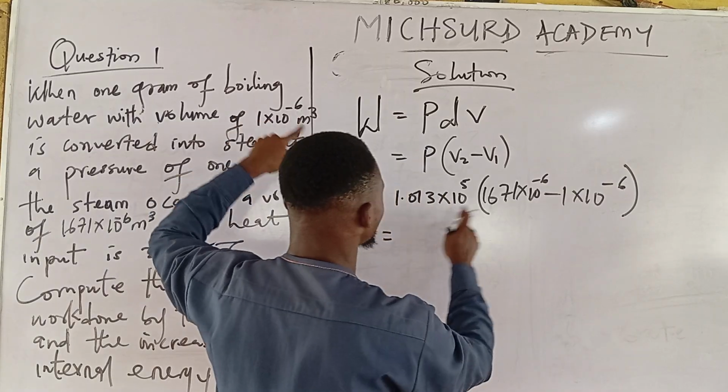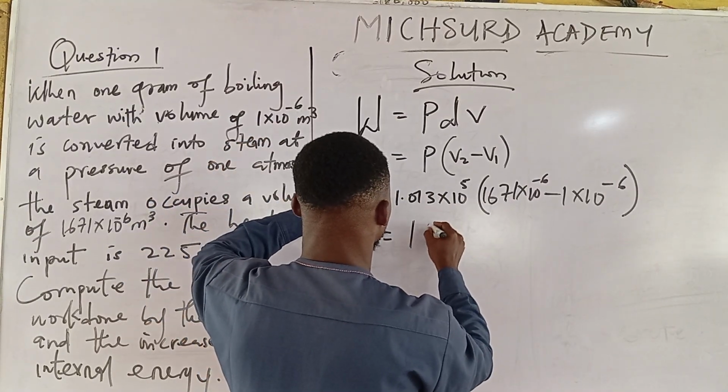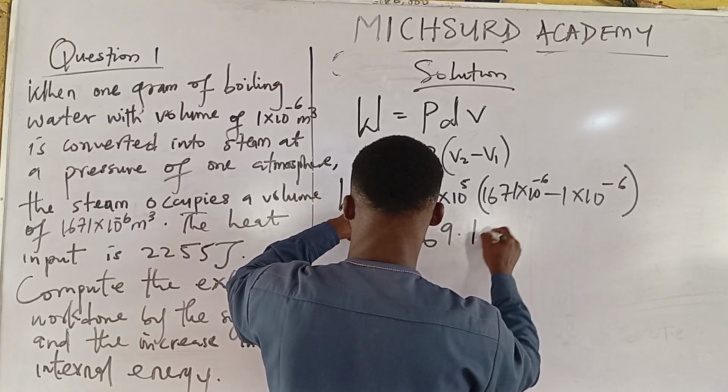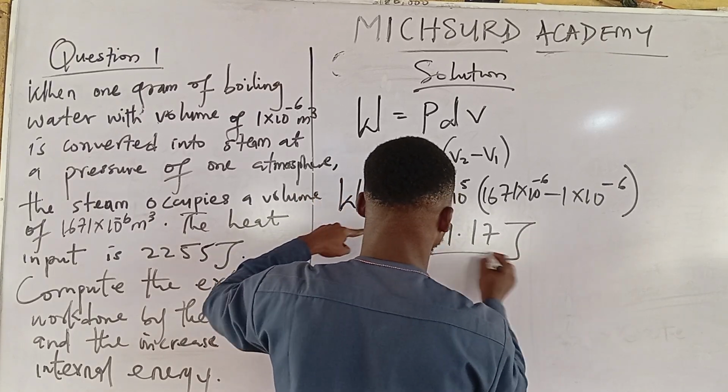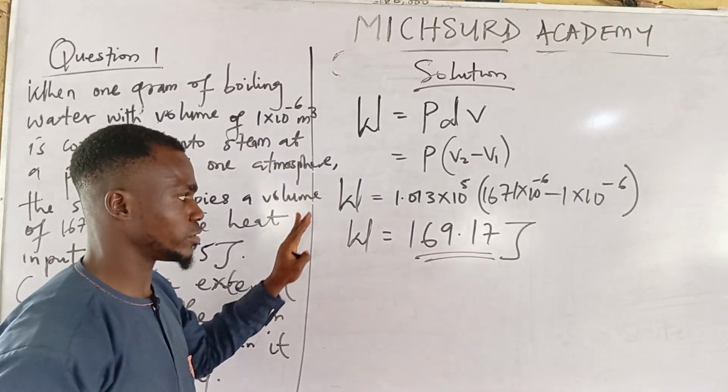If you punch this in your calculator, the work done will be 169.17 joules. So that is our work done. With this, we have gotten the work done.